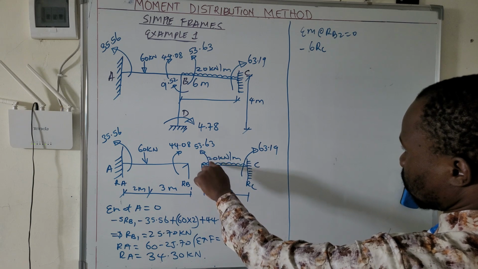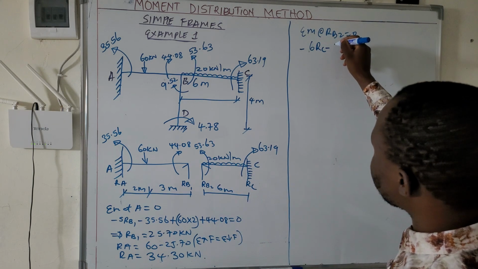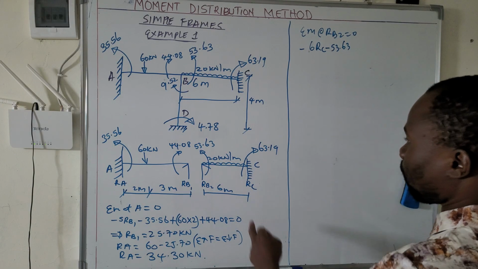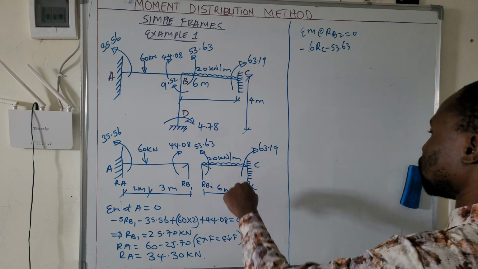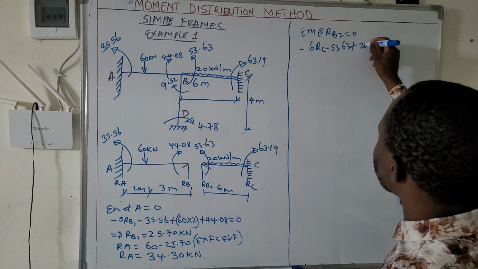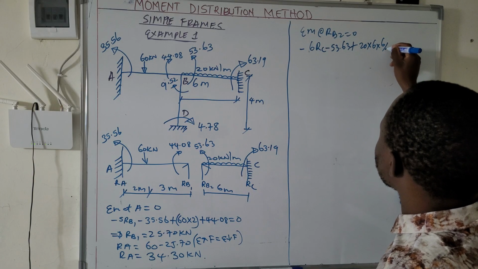We come to this moment, which is 53.63. It is moving in anti-clockwise, minus 53.63. We come to a UDL, which is 20 kilonewton per meter. In which direction? Clockwise, plus 20 times 6 over 3 over 2.